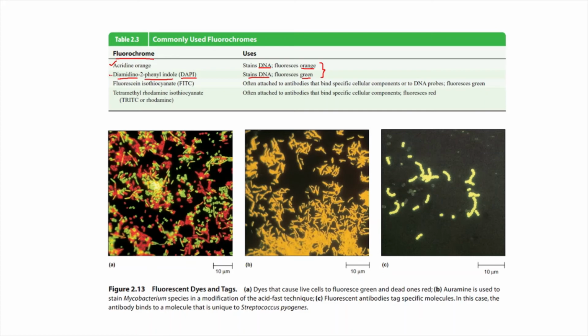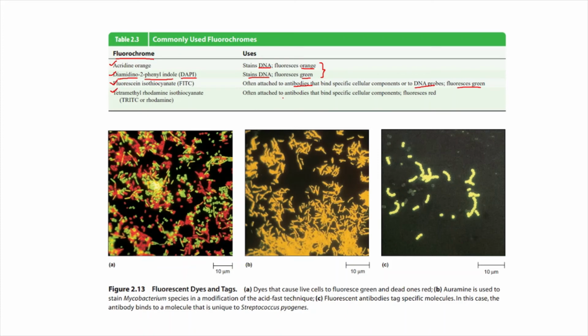Then we have another fluorochrome called fluorescein isothiocyanate, FITC. It is mostly used for immunological assays. It is attached to antibodies or DNA probes, and it gives green fluorescence. Then the last one we have is tetramethylrhodamine isothiocyanate, or rhodamine.